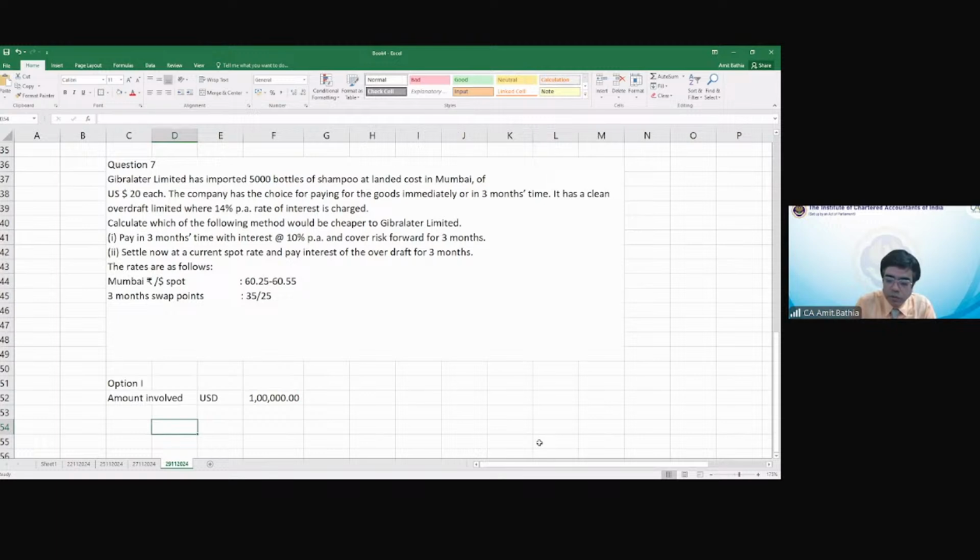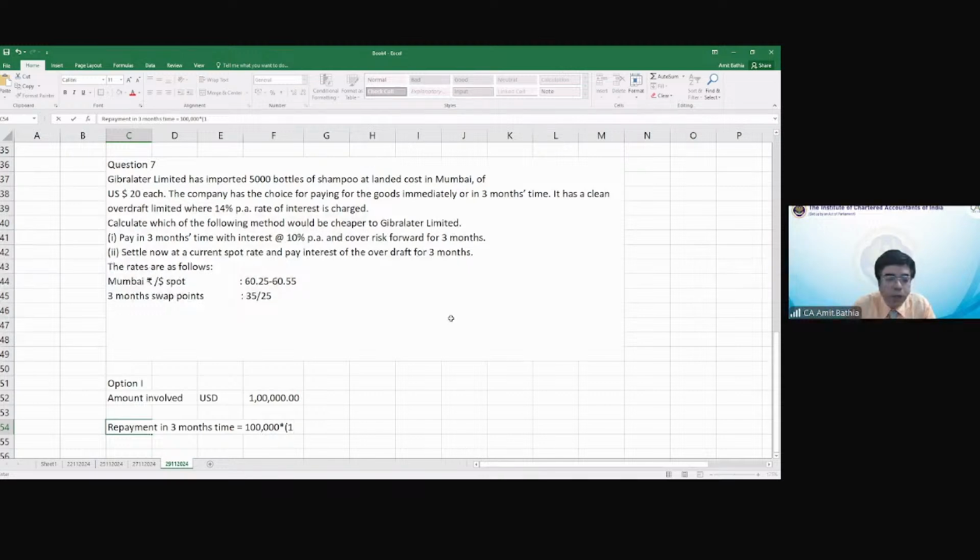Now, if he has to make a repayment in 3 months' time, then how much money would he have to pay? He would have to pay this 100,000 multiplied by, you also need to pay interest, right? What is the interest rate in the first option? 10% per annum, for 3 months only.